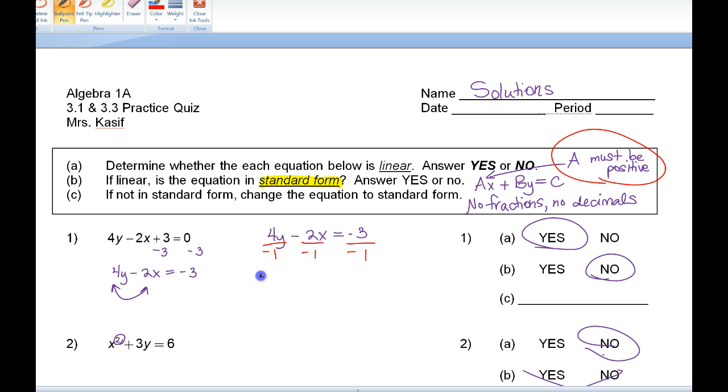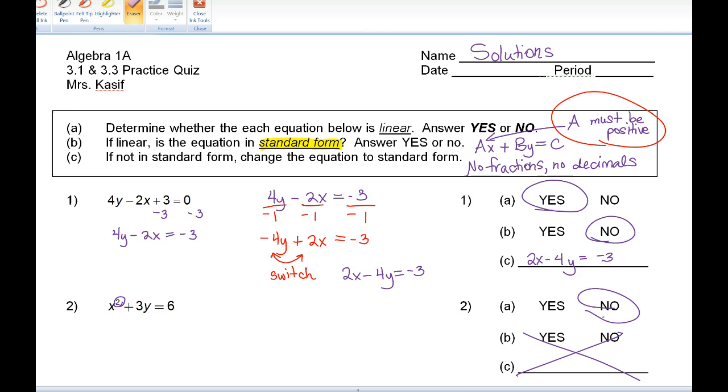So we get a negative 4y plus 2x equals negative 3. Okay, now we'll switch it. And what's it look like when we switch that? 2x minus 4y. Because it needs to be in order. It has to go x, then y, then the constant term.